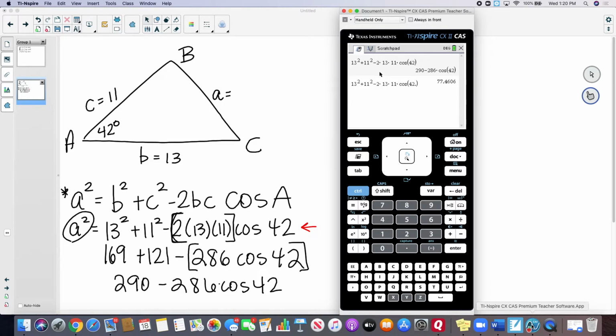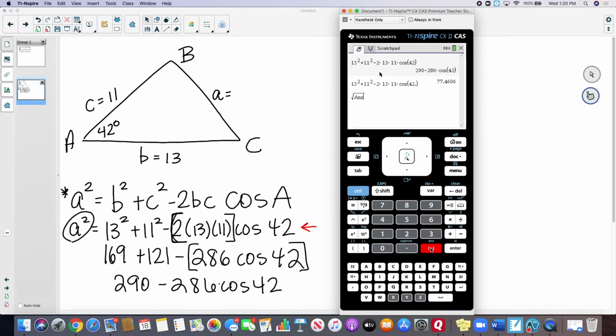What I would rather you do is put the answer in. I would rather you not round it before you take the square root of it. So what I want you to do right now is control x squared. That's going to give you your square root. And then I want you to hit control answer.